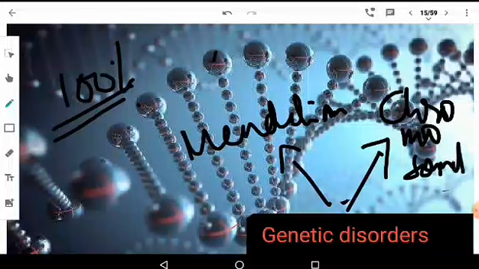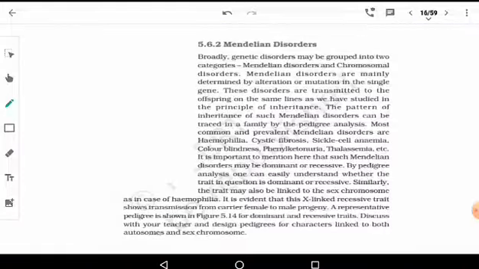Mendelian disorders are those which obey Mendelian principles that we studied in the previous class, like complete dominance, the law of independent assortment, and the law of segregation. All these are obeyed in the case of Mendelian disorders.